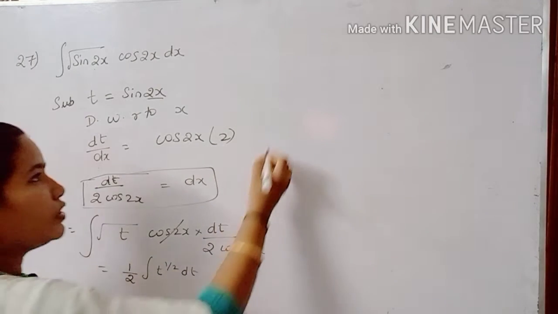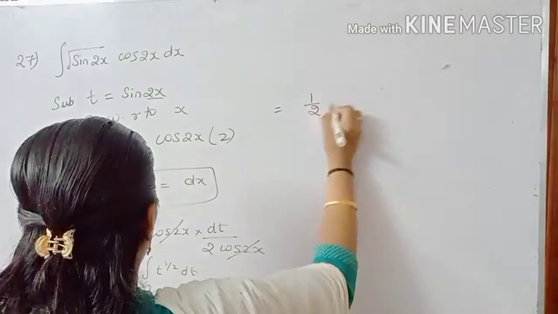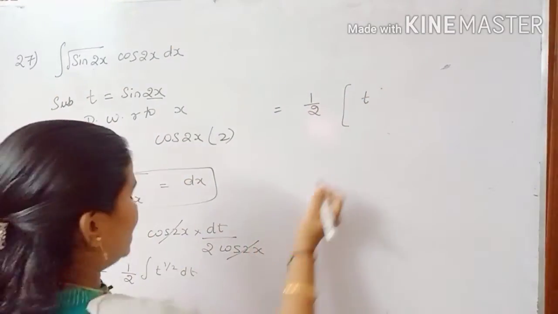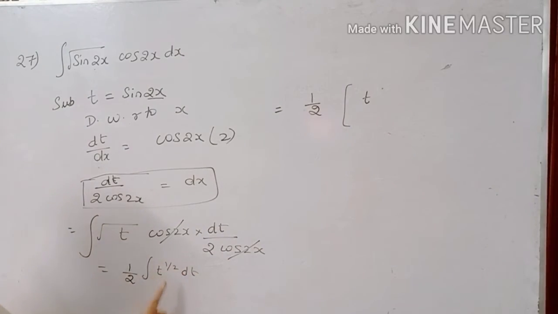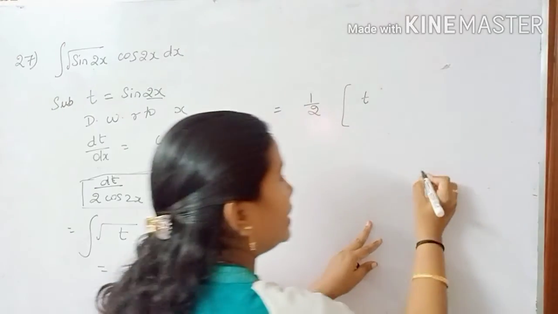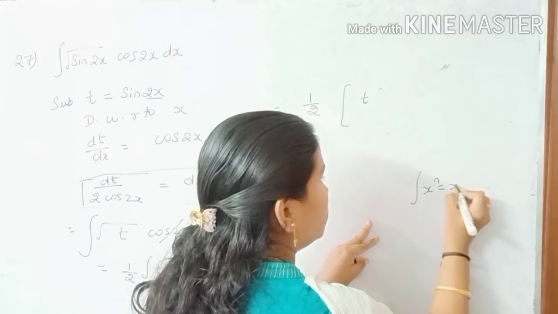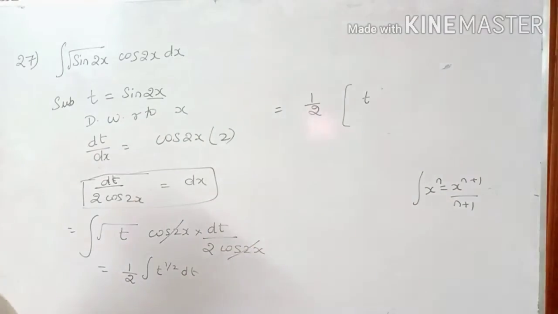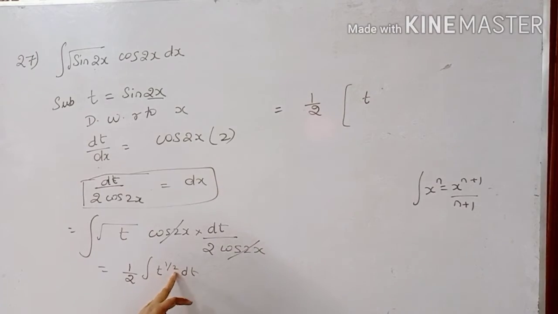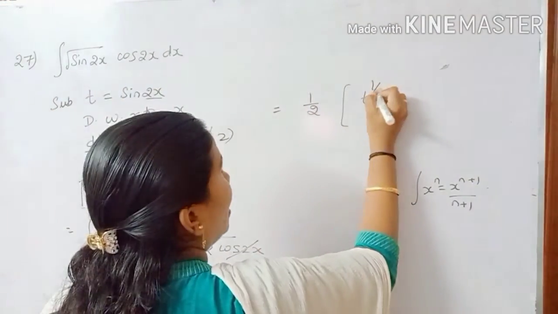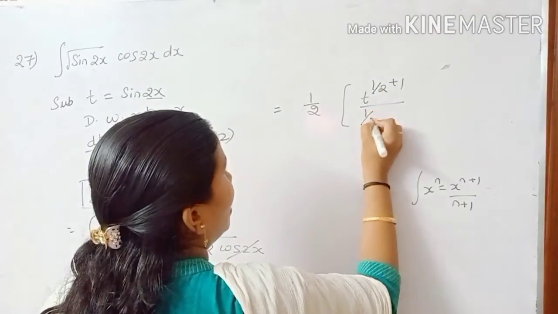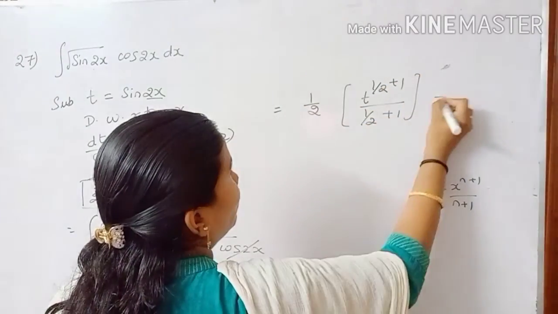Now we integrate 1 by 2 t power half. That is the x power n concept: the integral of x power n is x power n plus 1 divided by n plus 1. Here, t power half plus 1 divided by half plus 1, plus c.